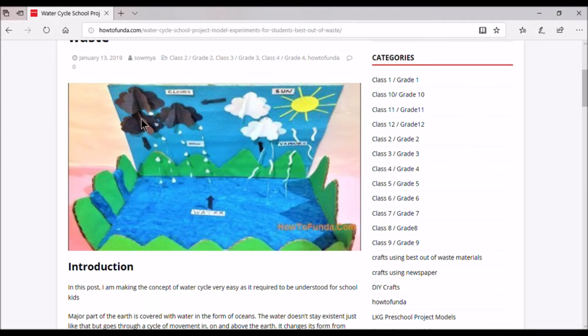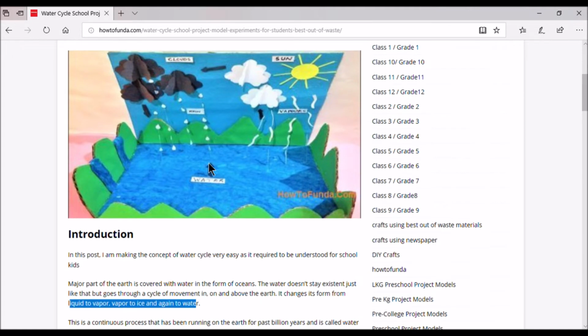Again the water will come back to the earth. It can come through the mountains. If we look here, we can see a series of mountains, and water is also flowing from the mountains. This whole model depicts the water life cycle.